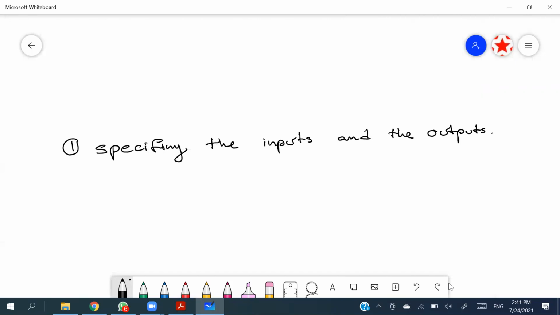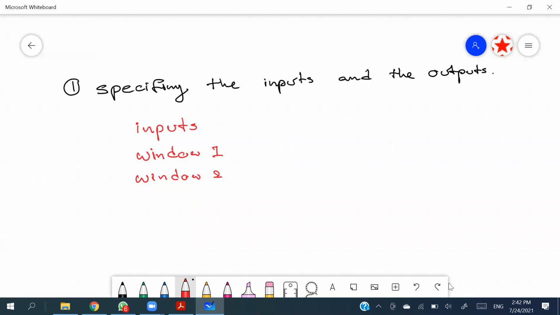All right. So now, inputs are given from what to this circuit? Inputs are given by window 1 and window 2, door 1 and door 2.